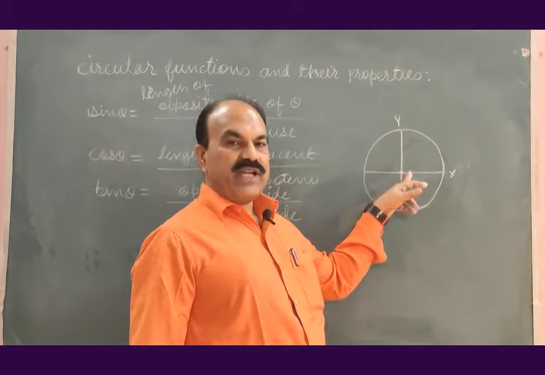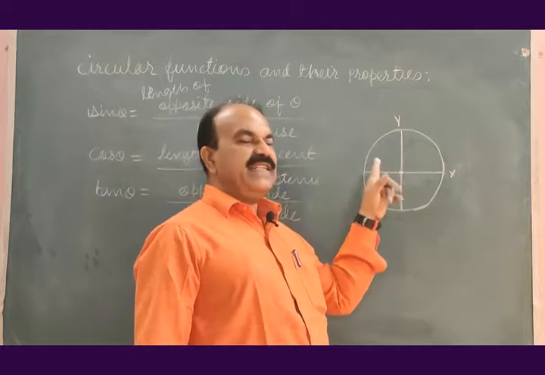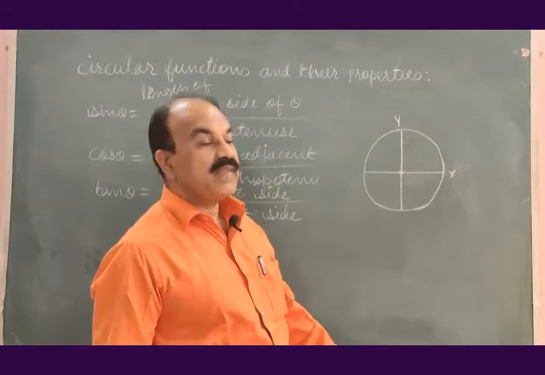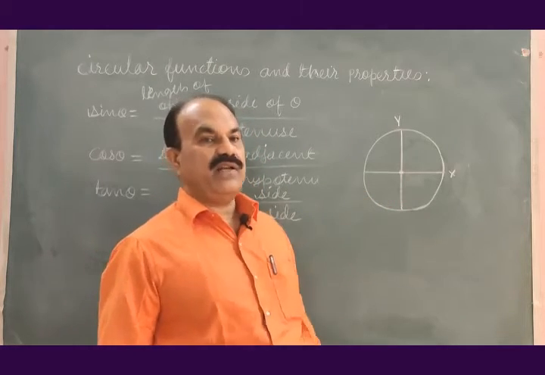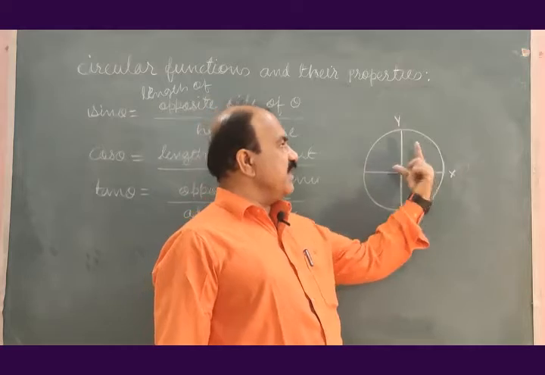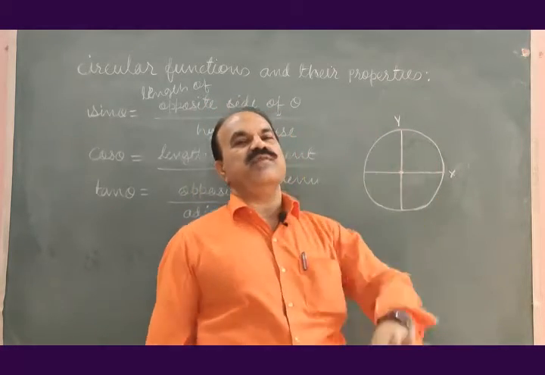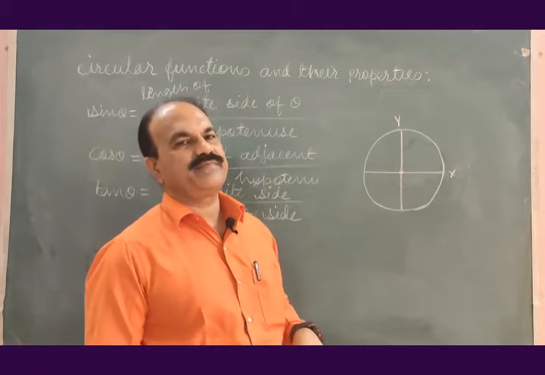The origin of the two-dimensional Cartesian coordinate system is at the center of this circle. We have considered this circle as a unit circle. So this length is 1, this length is 1, this length is 1, this length is 1. That is, the radius of this circle is 1.